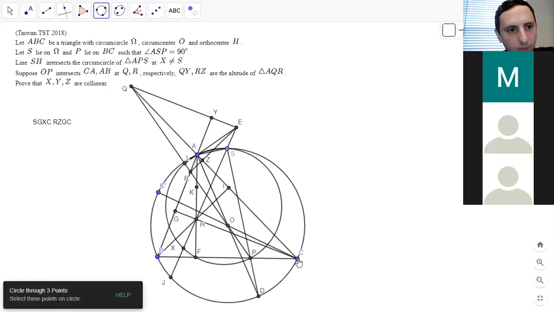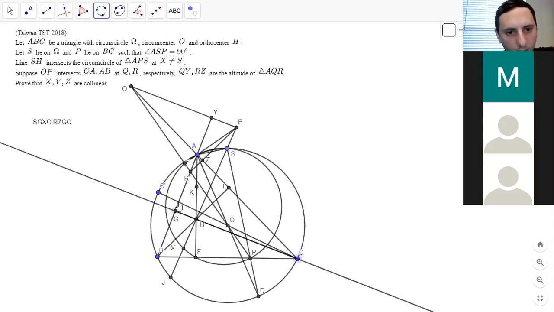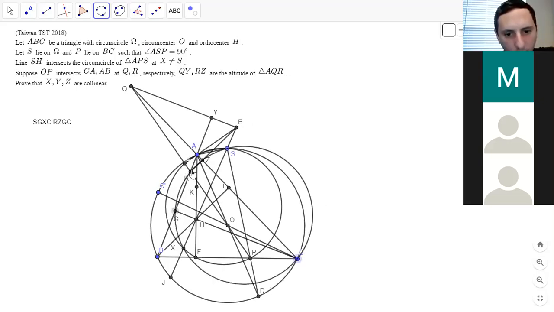Actually, I think now we can calculate angle YZX. Is that the angle that YZX makes with something, or is that like angle XZR plus YZR we could show as 180 or something like that? XZR plus YZR is 180. Yes. Okay.